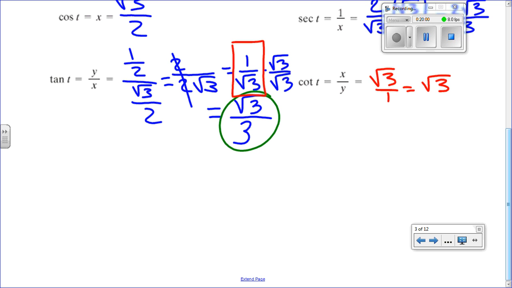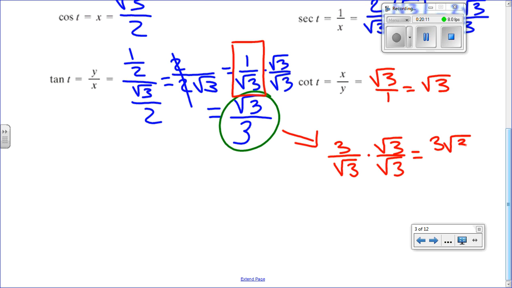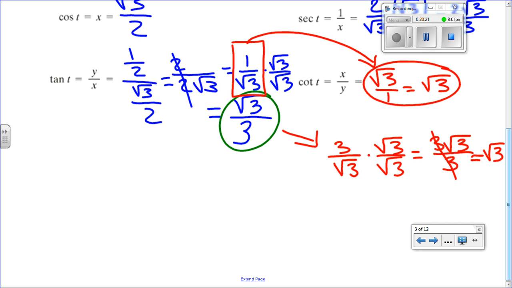Now, if we were to take the reciprocal of this one, it would be the same. It would be 3 over the square root of 3. Then we rationalize. So then it will be 3 square root of 3 over 3. Those two cancel, and then you get the square root of 3. So do you see we saved all those steps by just taking the reciprocal from here before rationalizing? That makes it a little easier.